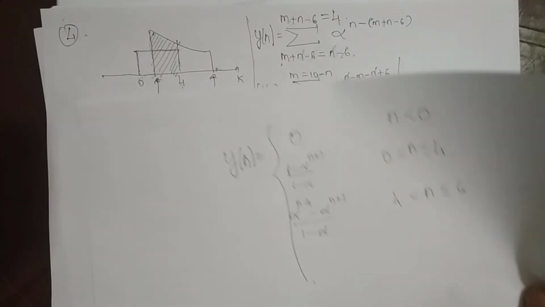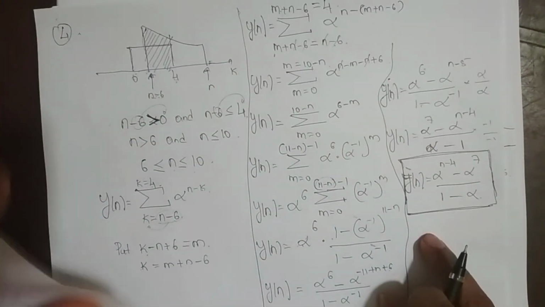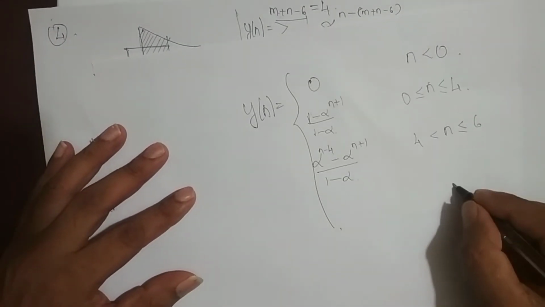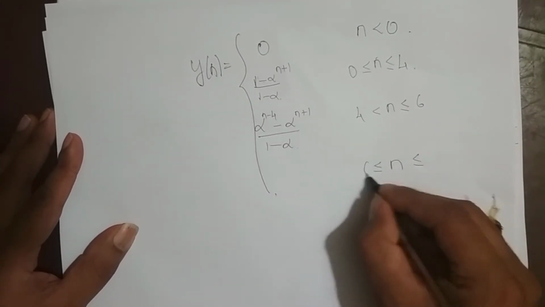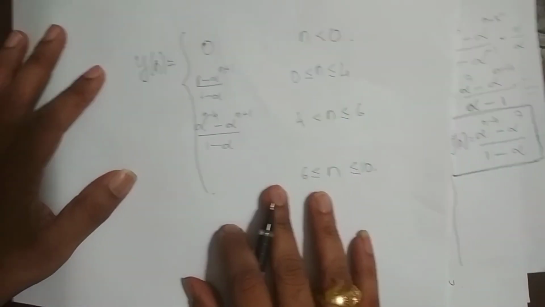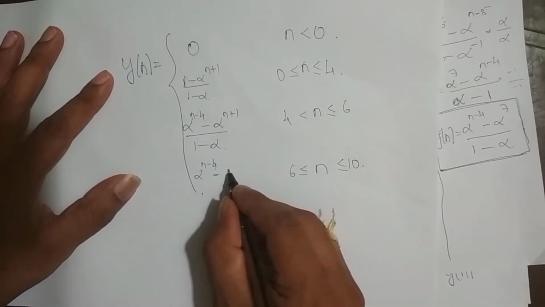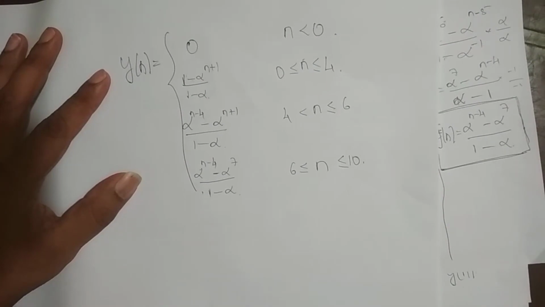This is the case 4 equation, right? And for what value of n? In between 6 and 10. So this is the equation we have, which is alpha power n minus 4 minus alpha power 7 whole divided by 1 minus alpha.